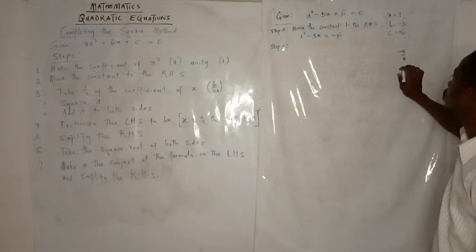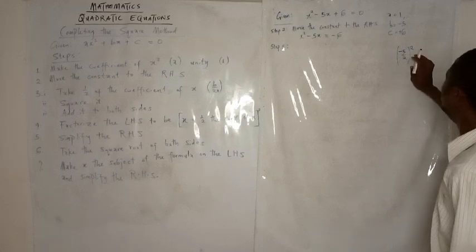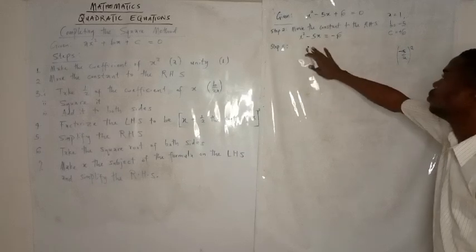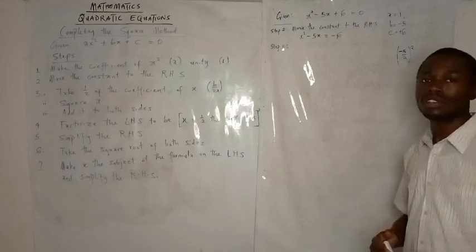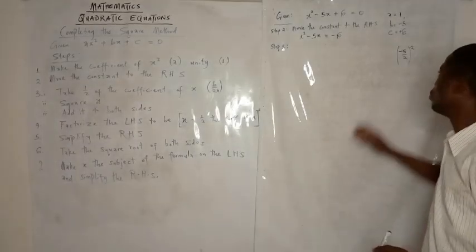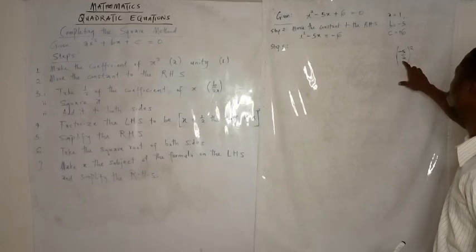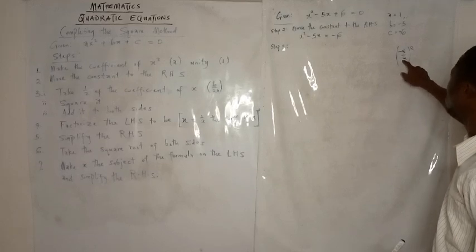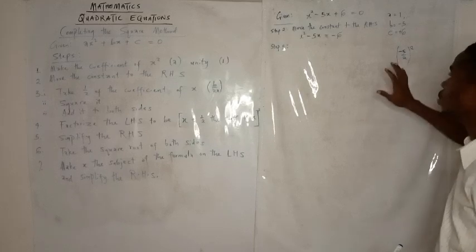We will square it, and then it is this value we will add to both sides. Please take note of the pattern in which I'm presenting the solution. We do not need to simplify this bracket. We don't need to apply these squares to this bracket for now.